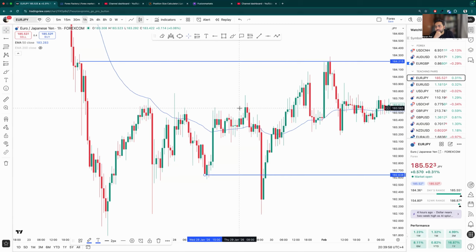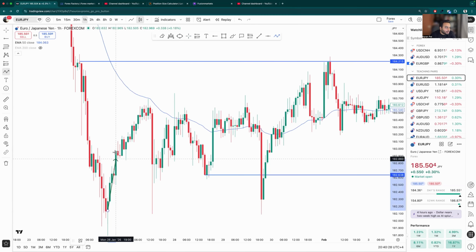What is this? It is a lower low and also a higher low. I'll tell you how. The market went from here to here, then again this, this. This is how you have to read the charts.